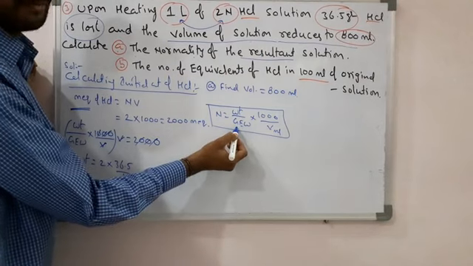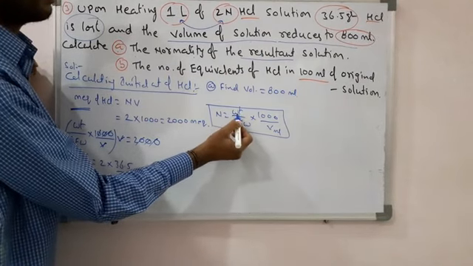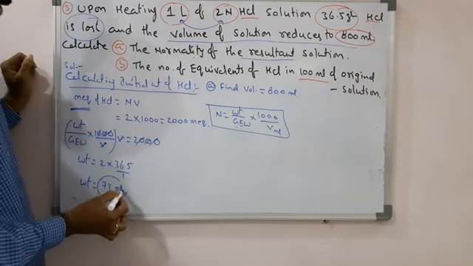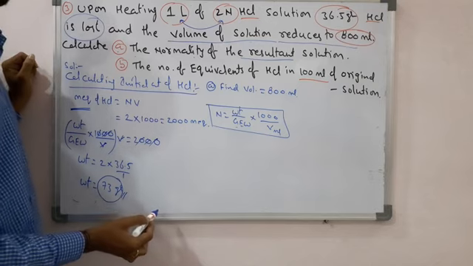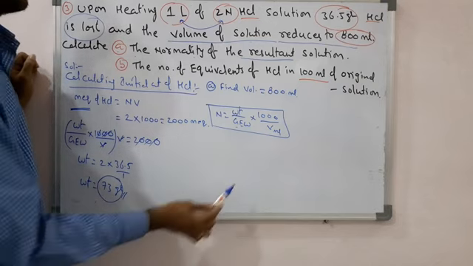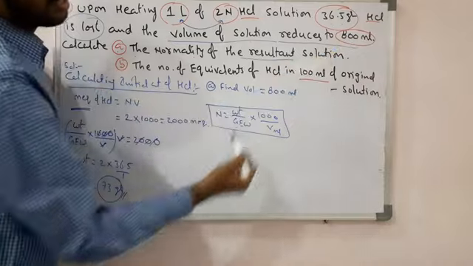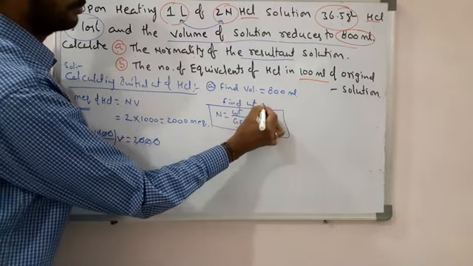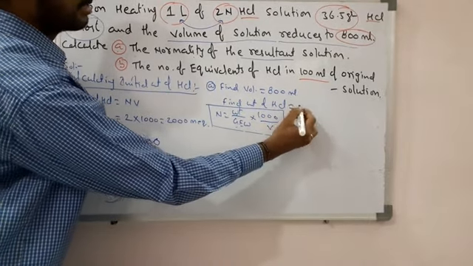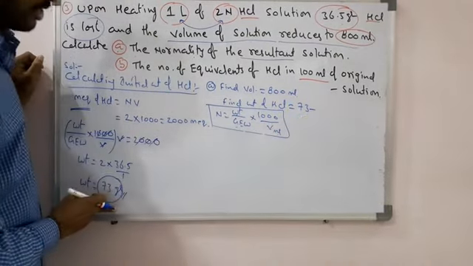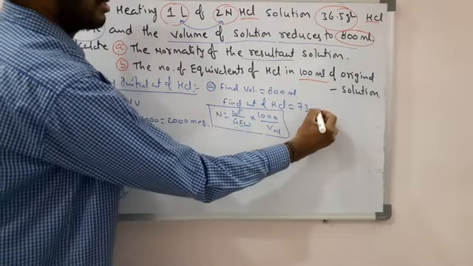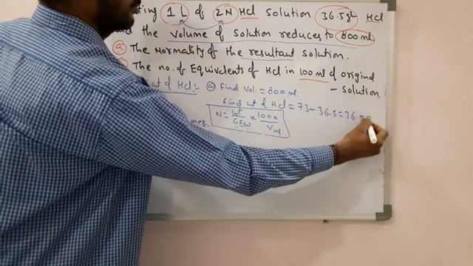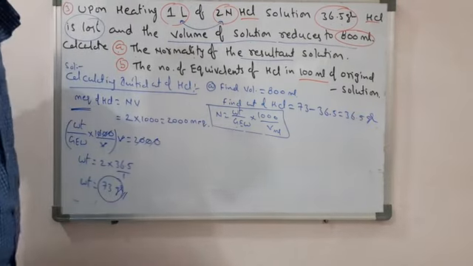We know the gram equivalent weight of HCl. So what is the weight? The initial weight is 73 grams, we have got it. But it is given that during the heating, 36.5 grams of HCl was lost. So what is the final weight of HCl now? Initial weight minus the weight lost, which means 50% of the weight is lost.